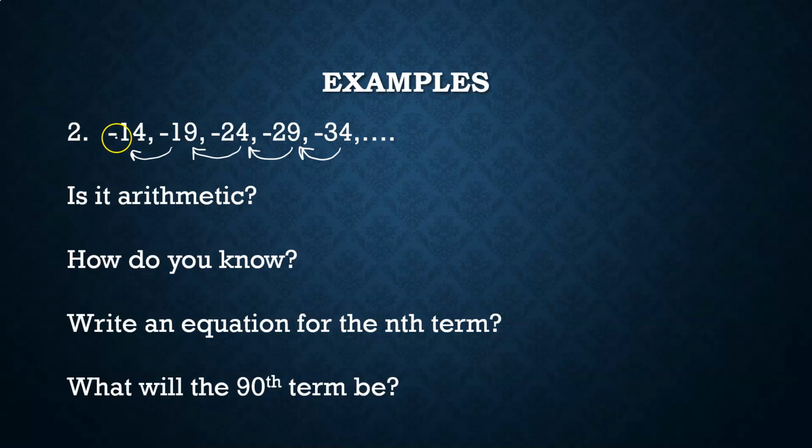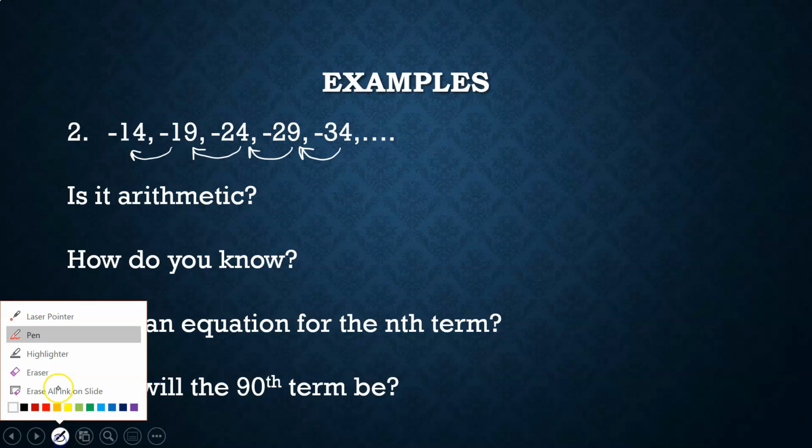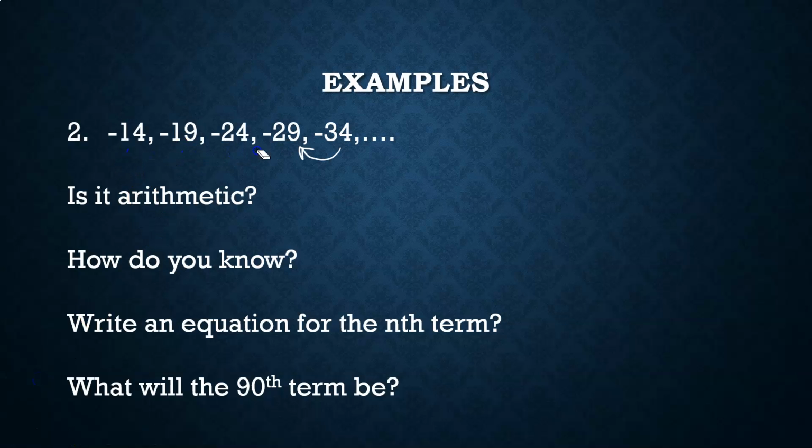So you're adding 5. If you go the other way, let me erase this, this might be confusing. Going this way, your common difference is minus 5 each time. Negative 14 minus 5 is negative 19. There you go. So is it arithmetic? Yes. And how do you know? Because there is a common difference.